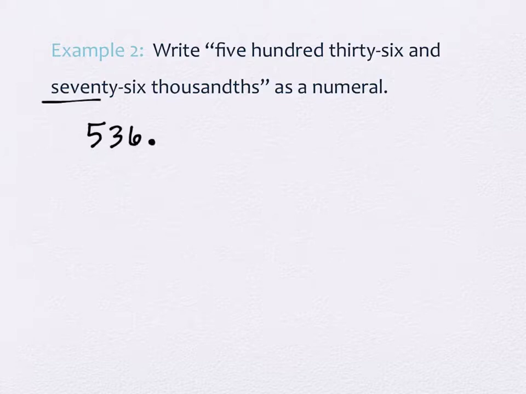Okay, so this number 76 is, of course, written as 76. But where does the 6 have to end? In the thousandths place. So how many decimal places should I end up with? 3. So if I'm supposed to have 3 decimal places, but it's supposed to be 76, and the 6 is supposed to be in the third spot, what am I actually going to write? 0. Yeah, 076.